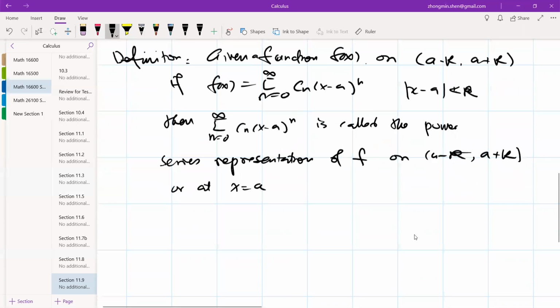Then just say at a. Okay, so let's look at the example.